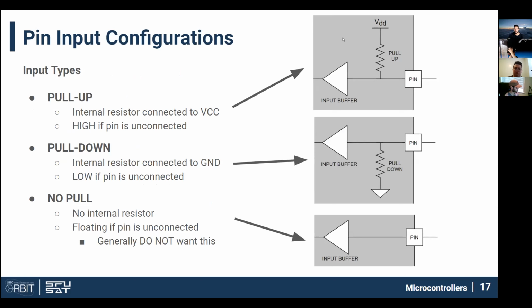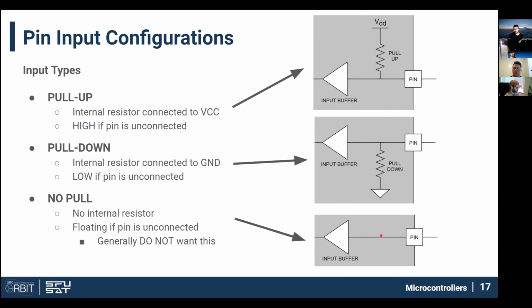So it could have a resistor to VCC, or I realized I have VDD in the diagram. That means if the pin itself is not connected, it will read a logic high level. Alternatively, you could have a pin pulled down internally, so if the pin is not connected, it'll read a logic low level.